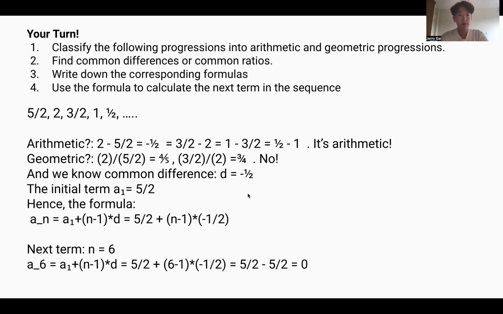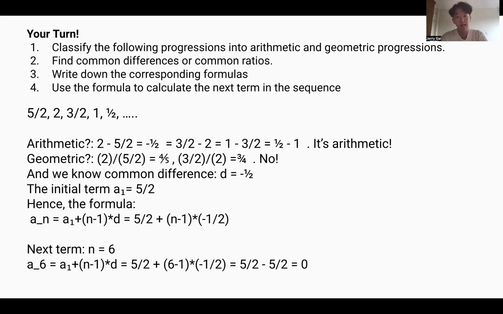Next question, you just need to follow similar steps. I list all of the steps here. It is an arithmetic progression, and we get the common difference is equal to -1/2 and the first term is 5/2. So we can calculate the formula and use it to calculate the next term with n equal to 6.